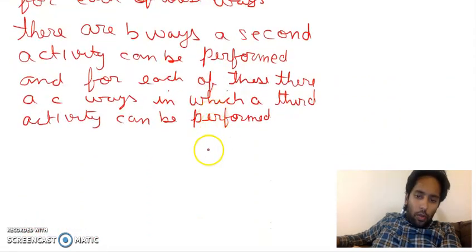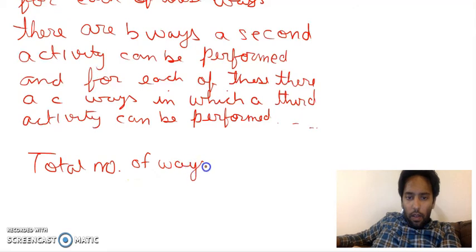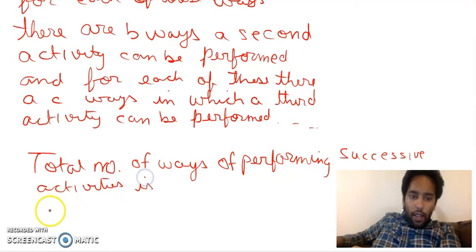Then the total number of ways of performing successive activities is A times B times C times D times dot dot dot, goes on.